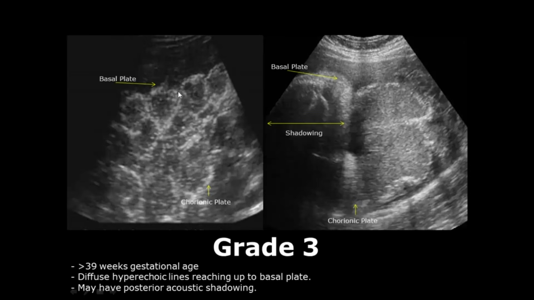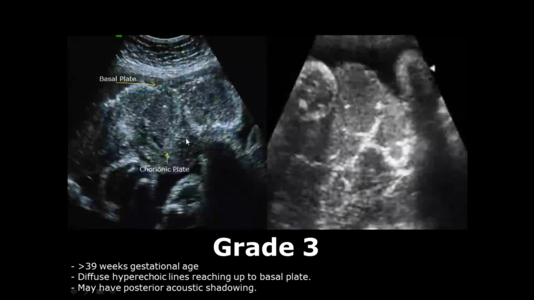There is diffuse calcification and diffuse echogenicity, and acoustic shadowing may also be present due to increasing calcifications. Here are more images showing grade 3 placenta with diffuse calcifications and hyperechoic areas throughout the placenta.